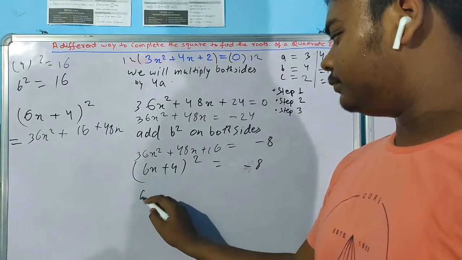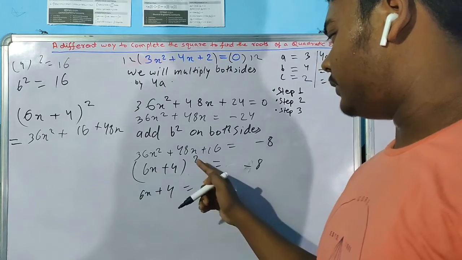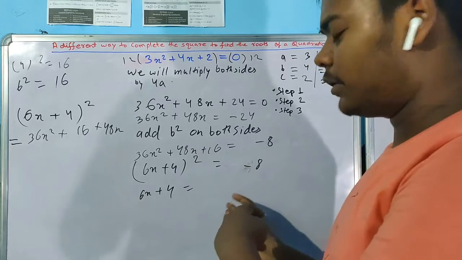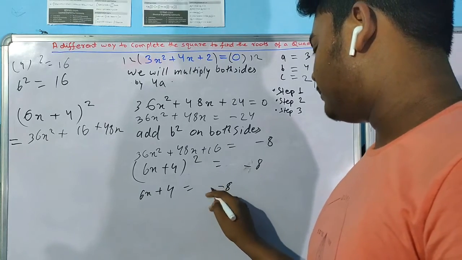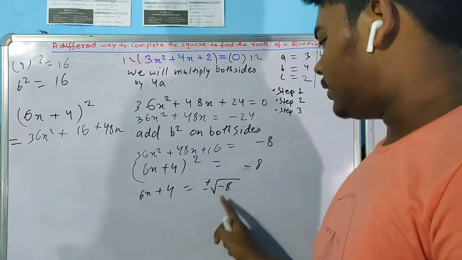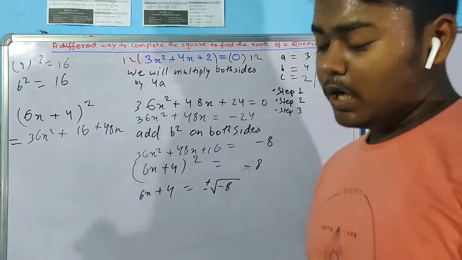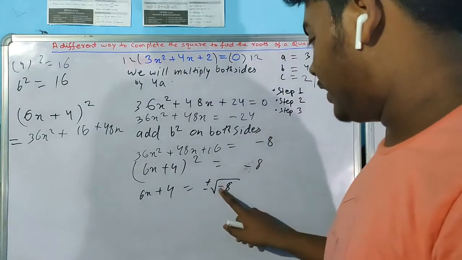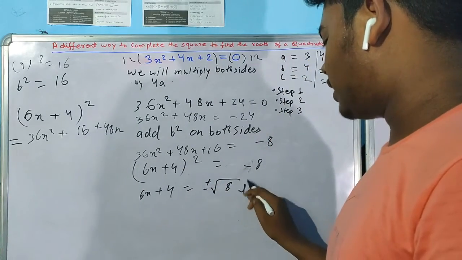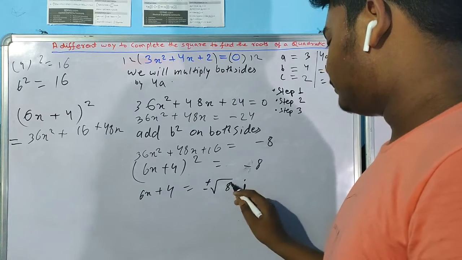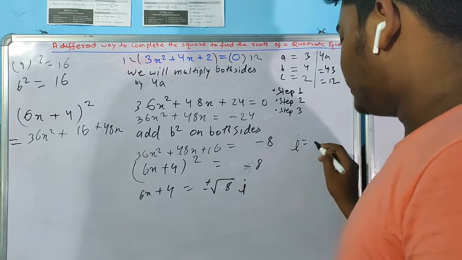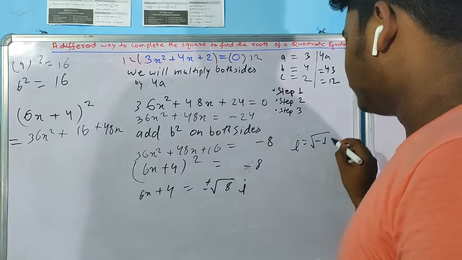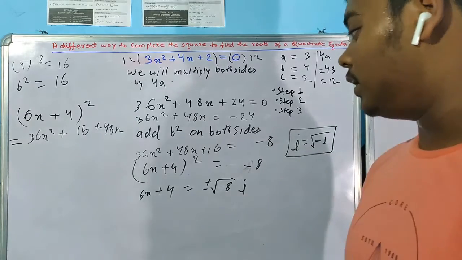Now this square will go to the right side of the equation, so it will become a radical, and since this is minus, we know that the roots of this equation will be imaginary, right? So we will just put an i here.